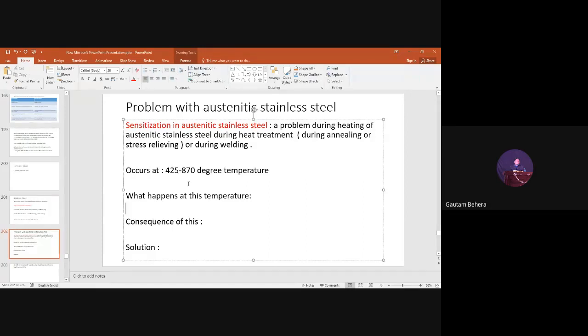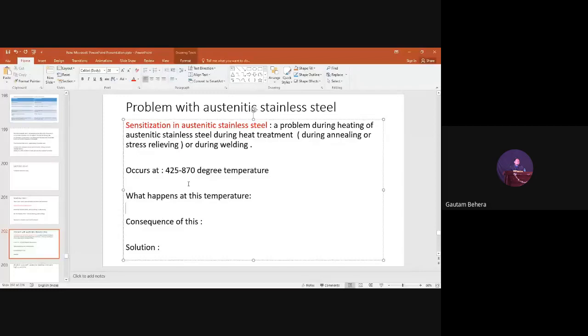Obviously chromium is there, carbon is there, right? So the chromium will start reacting with carbon and form chromium carbide. This chromium carbide will get segregated along the grain boundary, along the prior austenitic grain boundary, right? So what will happen?